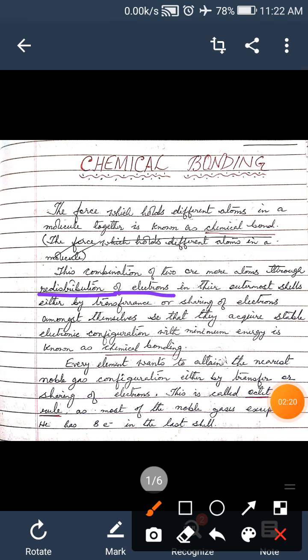So in their outermost shell, either by transference or sharing of electrons amongst themselves so that they acquire stable electronic configuration with minimum energy, is known as chemical bonding.